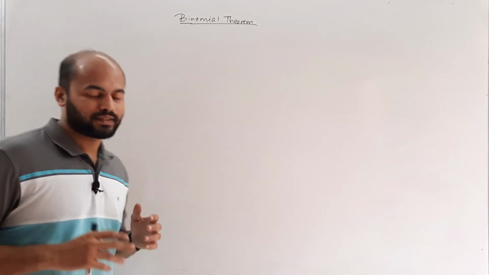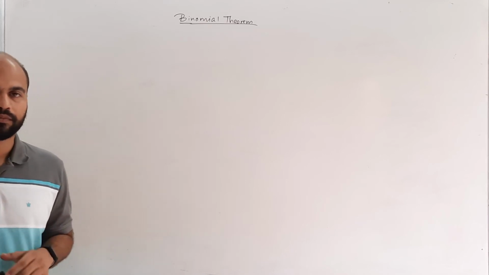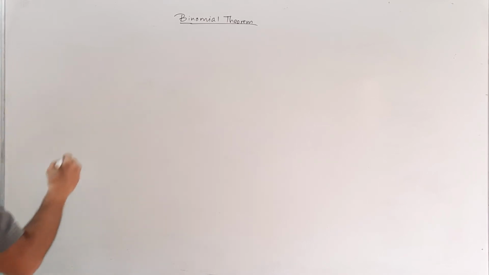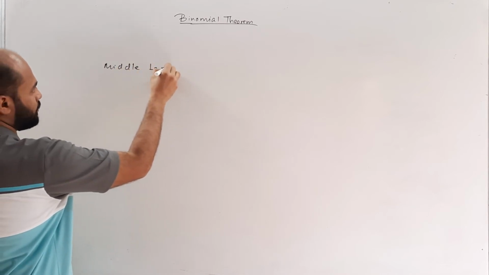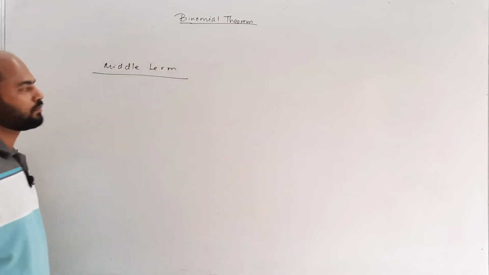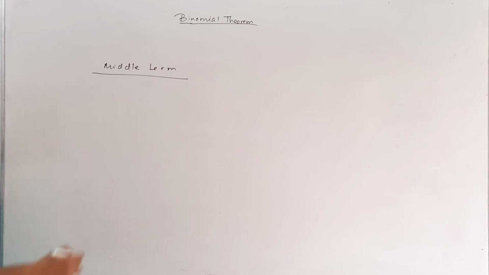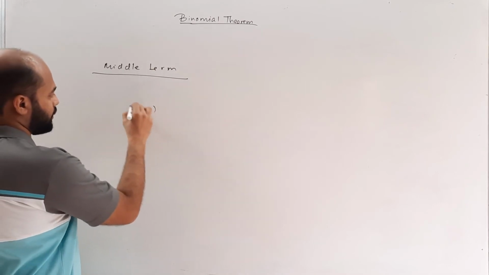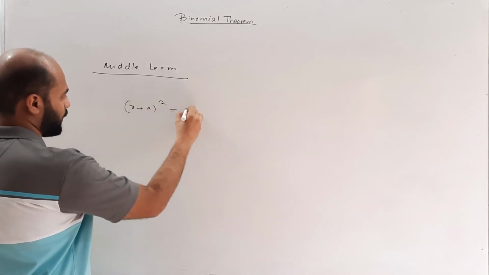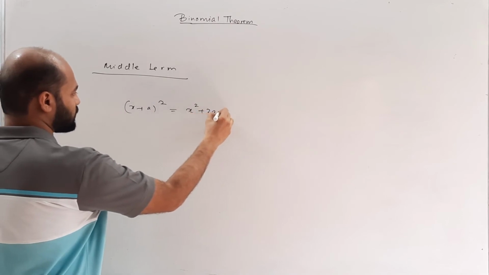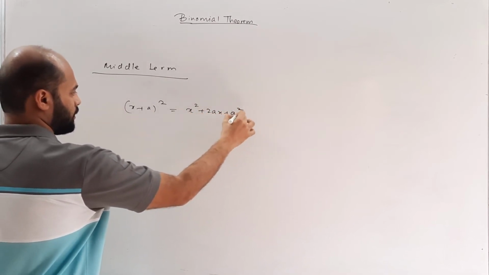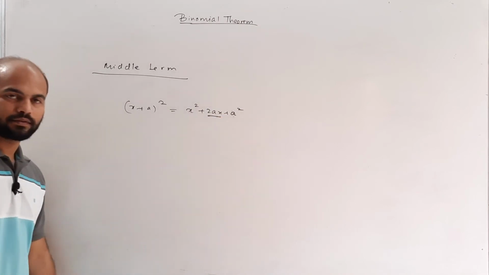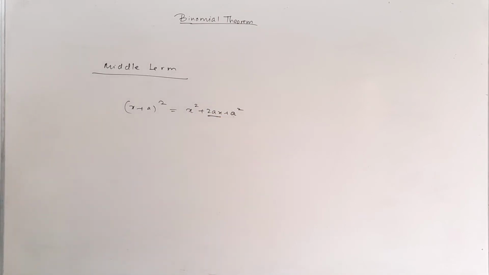Now just an extension to the concept of general term. We can say that if we want to find the middle term of the expansion, now what is the middle term? If we consider (x plus a) the whole square, x square plus 2ax plus a square, the middle term is 2ax, and that is the second term in this case.